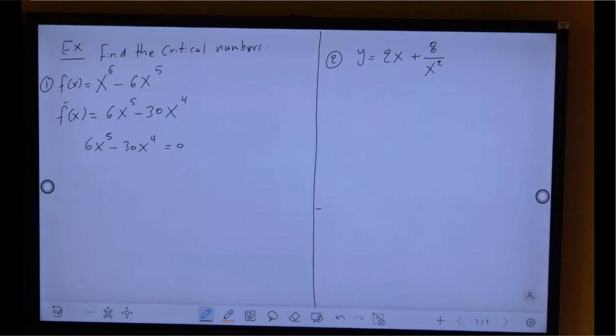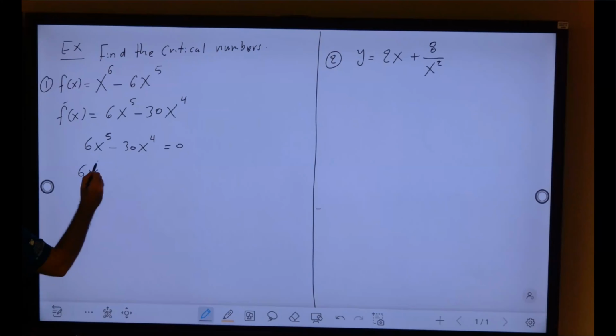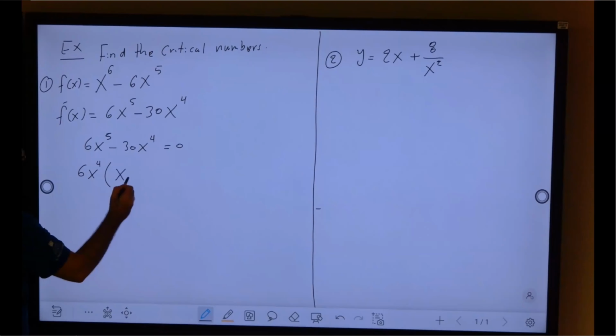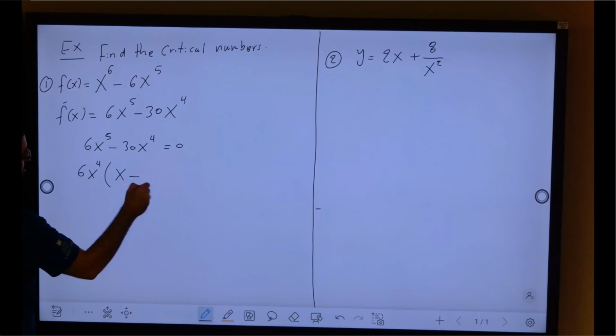How are we gonna solve this one? Factor. Factor what? 6x to the fourth. The 6 and the x to the 4 are common between these two terms. And what's left? x minus 5.